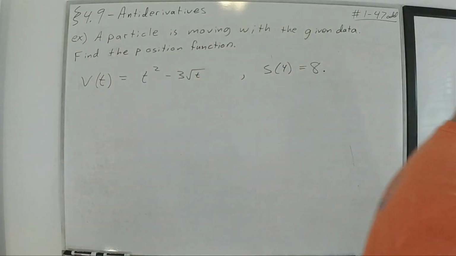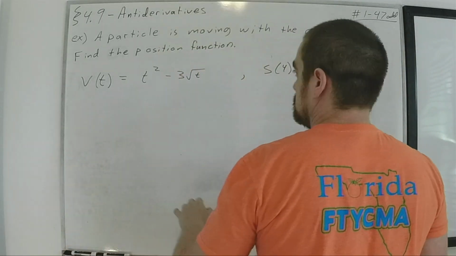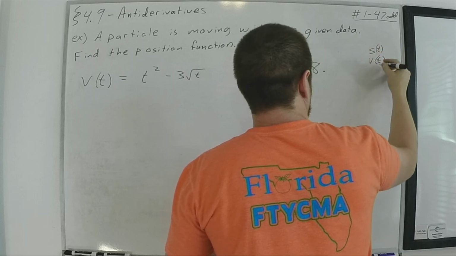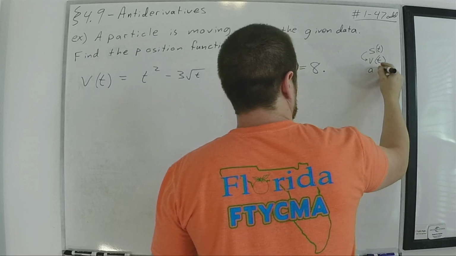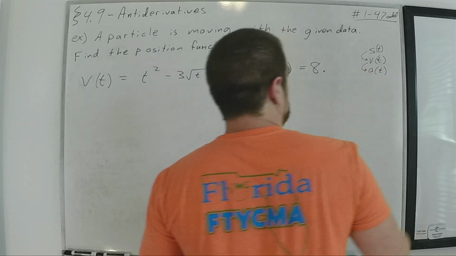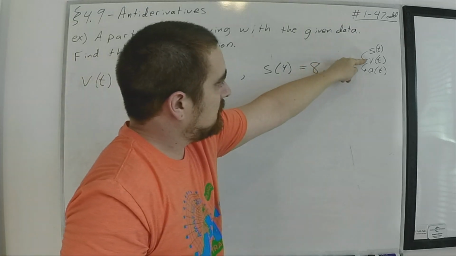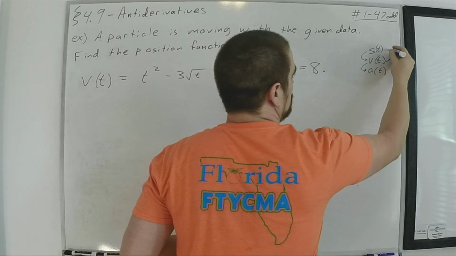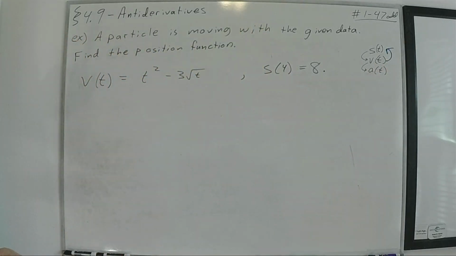Remember, for these position, velocity, acceleration, right, we talk about s of t, the derivative of the position gives us the velocity, the derivative of velocity gives us acceleration. So we're starting with the velocity, and rather than differentiating, we now have to anti-differentiate to get back to the position function.